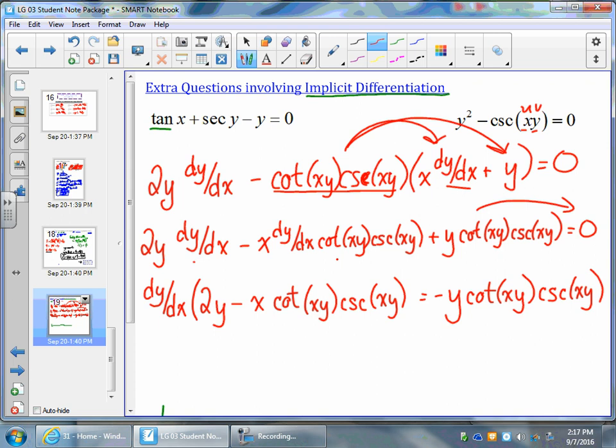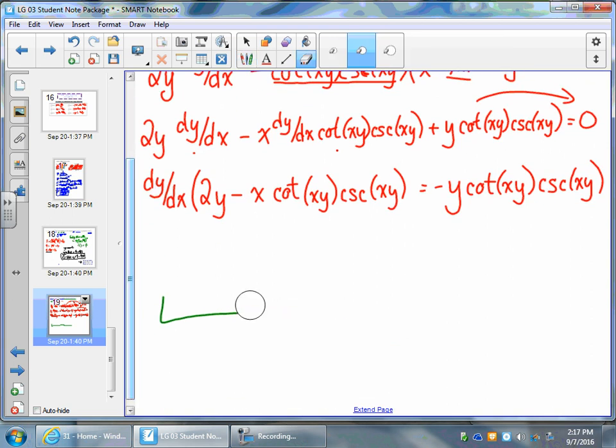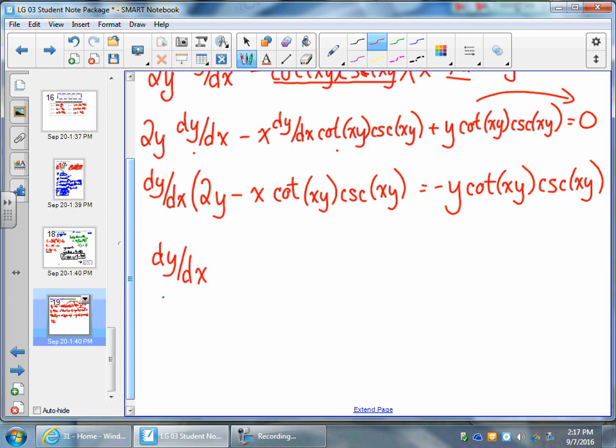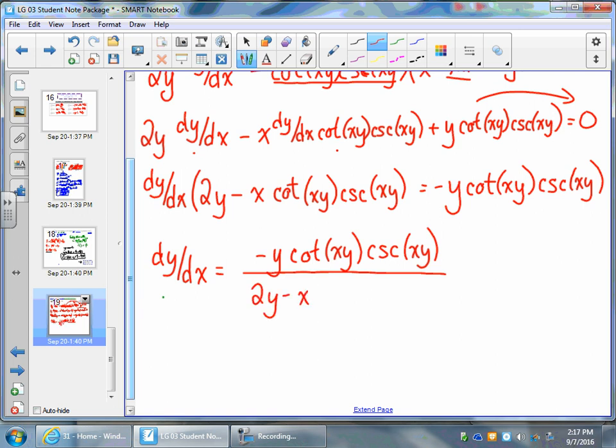All right, now the last thing that we need to do is obviously divide. So dy/dx is going to be equal to negative y cotangent xy cosecant xy over 2y minus x cotangent xy cosecant xy. Isn't that fun?